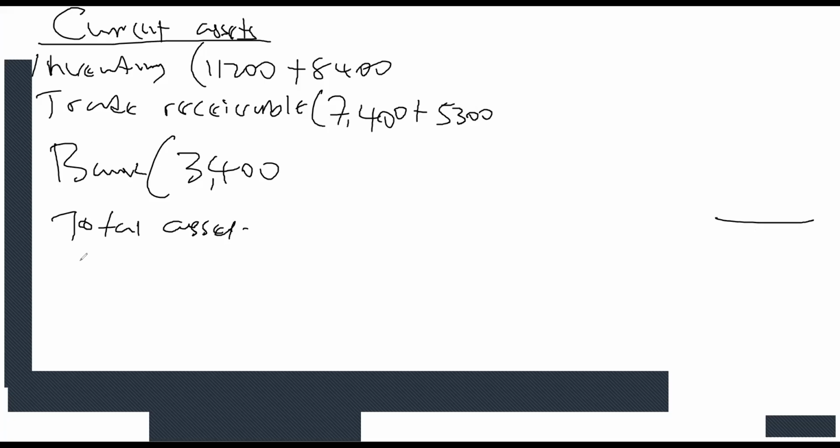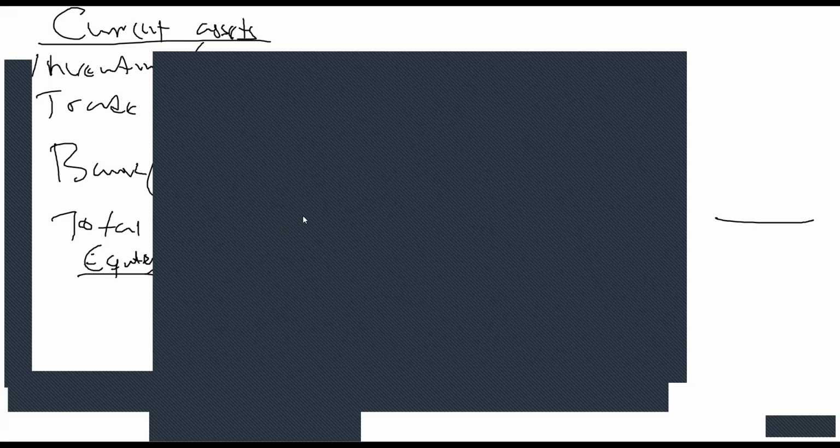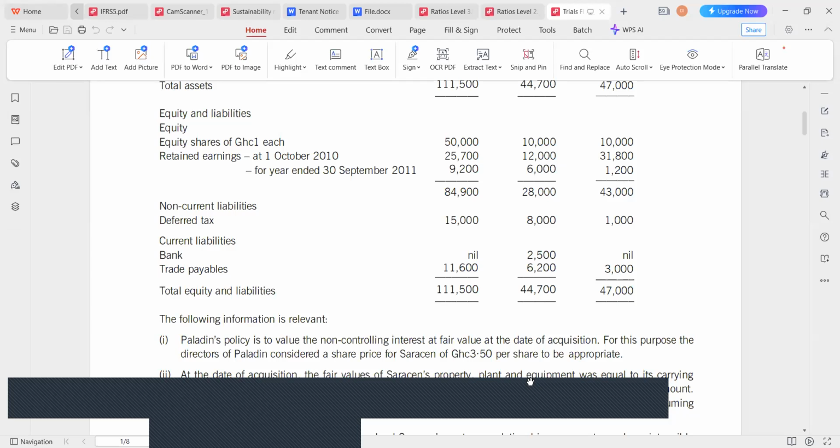So equity here is stated capital. Equity shares is 50,000 for the parent.